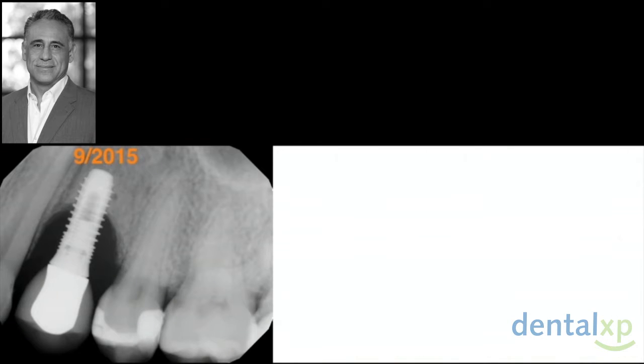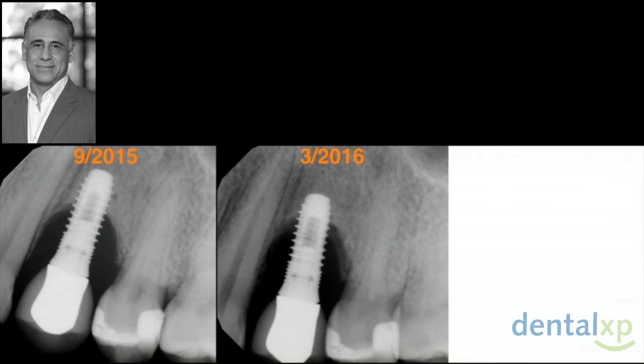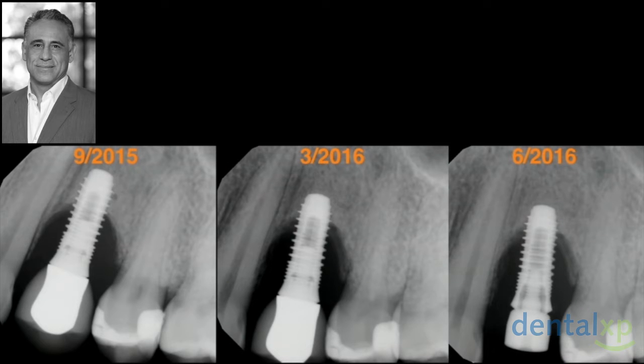And this is how she presented in September of 2015 while the antibiotics were being given and the deep cleaning. Subsequently, in March of 2016, she presented with some increased bone loss. And finally, around June of 2016, when she presented to me, yet with additional amount of bone loss.